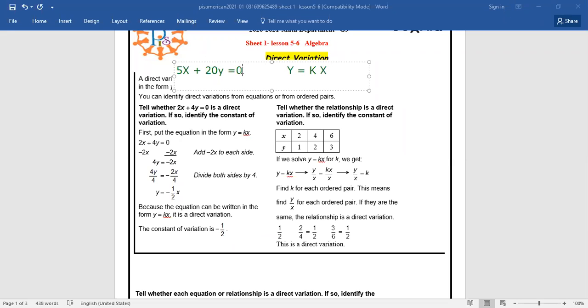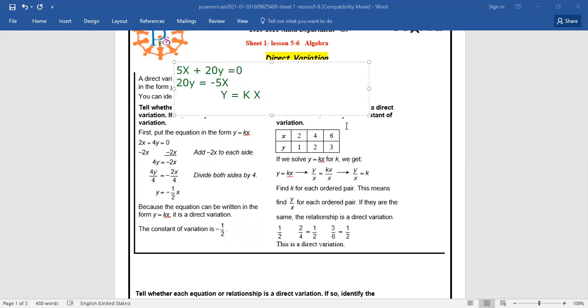So we go back to the equation now, and we are going to rearrange. How? We have to keep what? We have to keep 20y, and then equals, we transfer 5x, so it will be negative 5x. Then we divide both sides by how many?